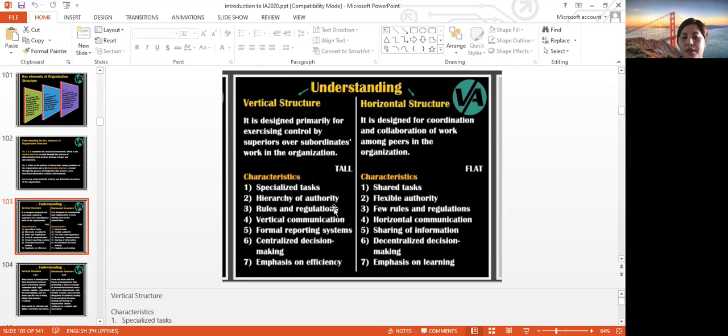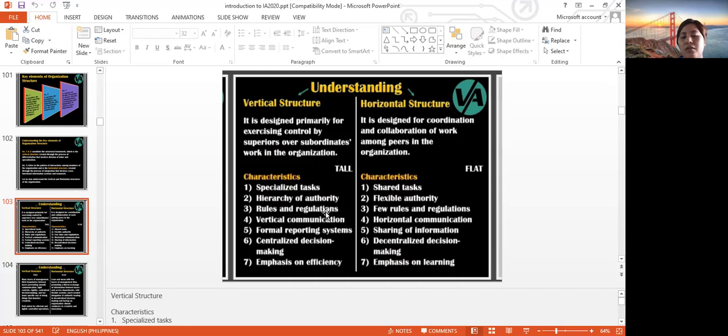So that is hierarchy of authority. Which means, for example, the subordinates cannot go directly to the CEO without first consulting their coordinator in the department where they are assigned.